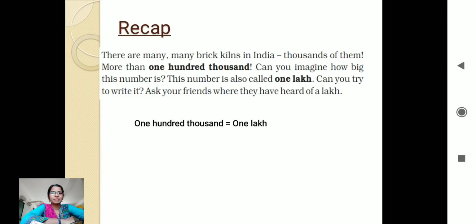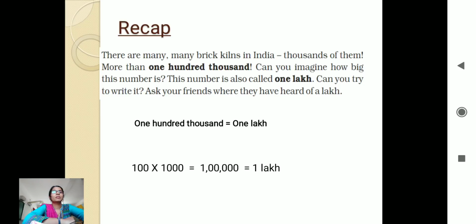Yes. So like this, 100,000 is 1 lakh, which can also be written as 100 into 1000, which is equal to 100,000, equal to 1 lakh. So in Indian system, we read it as 1 lakh, and in international system, we read it as 100,000.